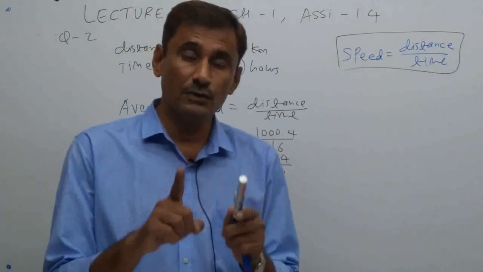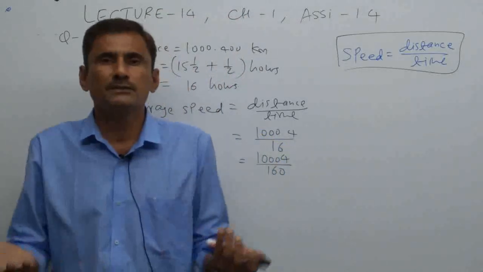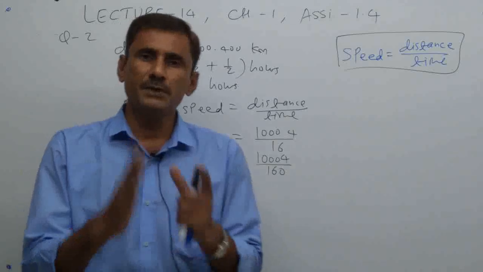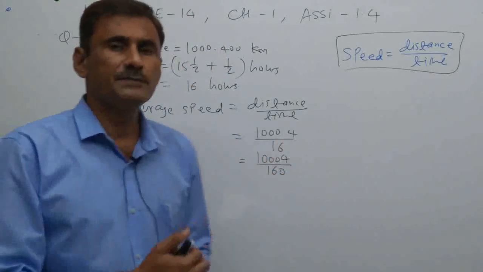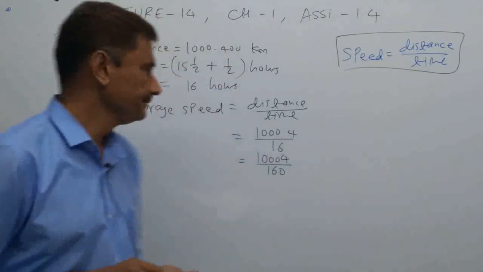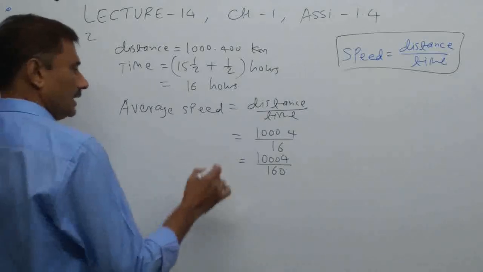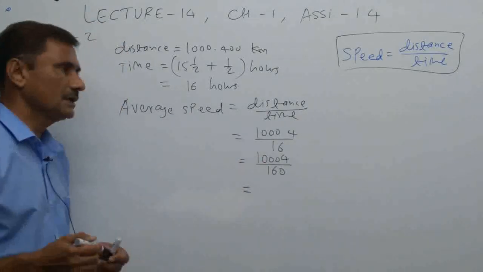In your vehicle, whatever the speedometer shows, 20, 30, 40, 50, 60, that is speed in kilometer per hour. 20 means 20 kilometer per hour. If you are going at speed 40, then 40 kilometer per hour is your average speed. Okay. Now divide it so that you can get that many kilometer per hour.